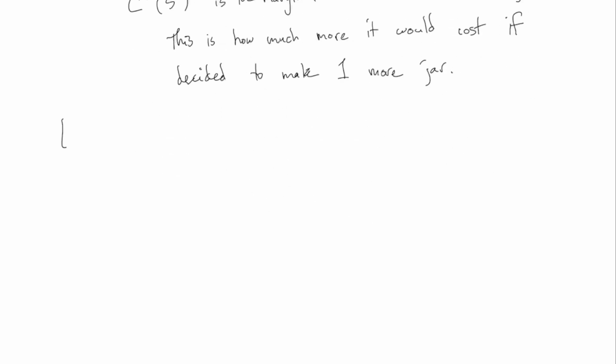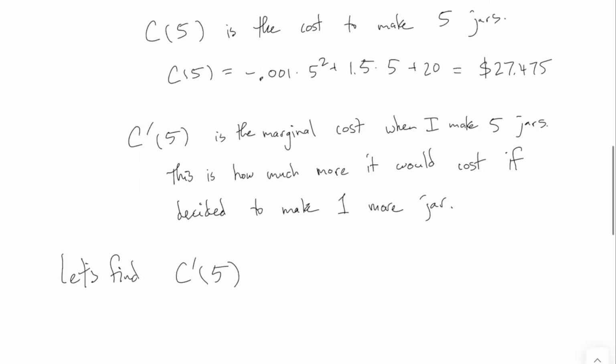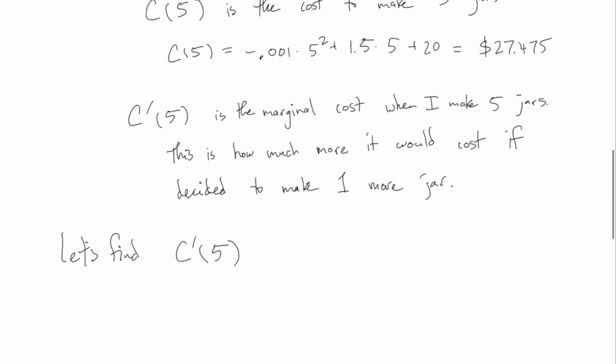So let's find C prime of 5. Now this is the most mathy part of this question, but when I give you questions like this on the test, I'm probably going to ask you some kind of interpretation thing like this, where you just write a simple little explanation, and then I'll also ask you to figure out what this is.